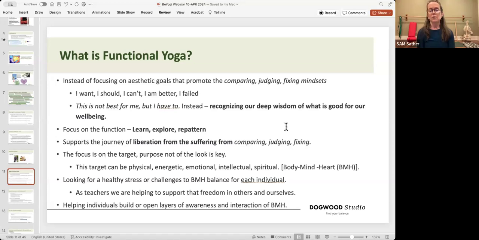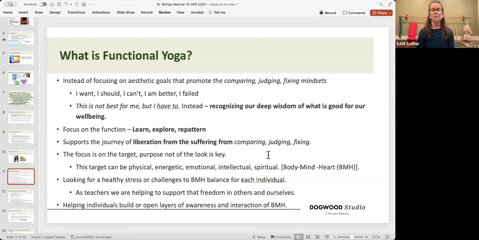So instead of focusing on a set of goals, and to me they promote comparing, judging, fixing mindsets, like I want, I should, I am, I'm better, I failed. This is not the best for me, that was me. This is not the best for me, but I have to perform this. But recognizing our deep wisdom of what is good for our well-being through this functional approach for our body, mind, and heart.